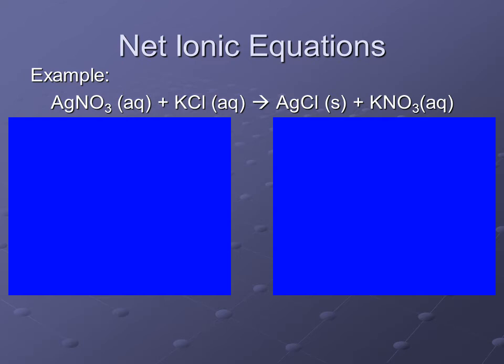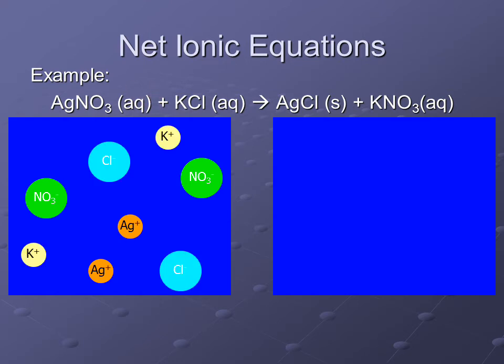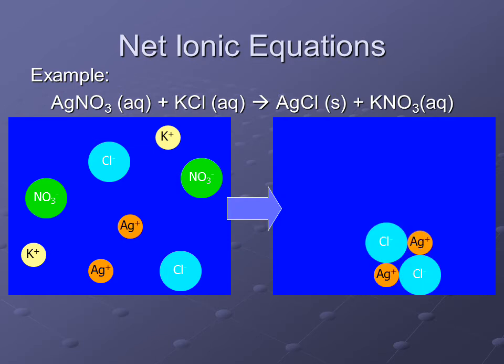Okay, so we start out with silver ions and nitrate ions, both dissociated because this is in the aqueous phase. We also start out with potassium ions and chloride ions, again in the aqueous phase. That's before the reaction. After the reaction, we end up with solid silver chloride.